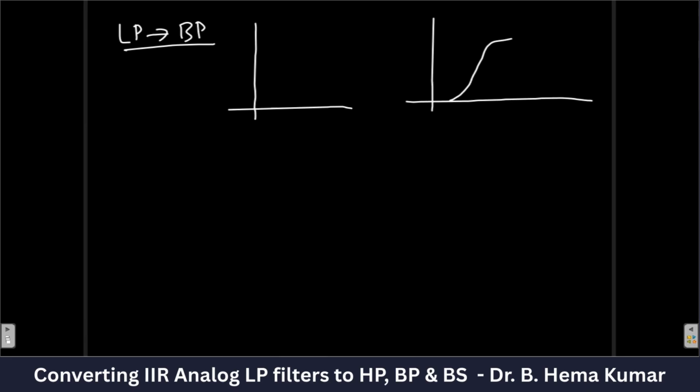Something like this is a band pass filter, so they will give you the lower band frequency and the upper band frequency, and they'll also specify the values omega 1 and omega 2. These levels go by 1 by square root of 1 plus lambda square, and here by 1 by square root of 1 plus epsilon square.